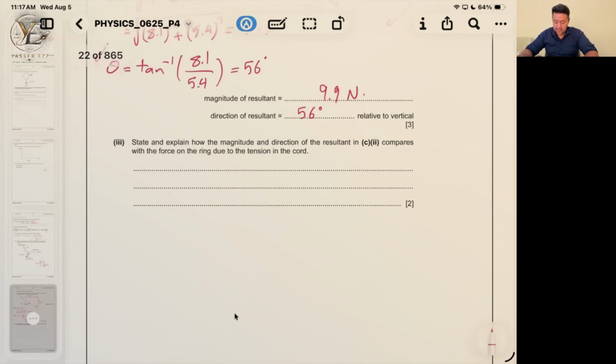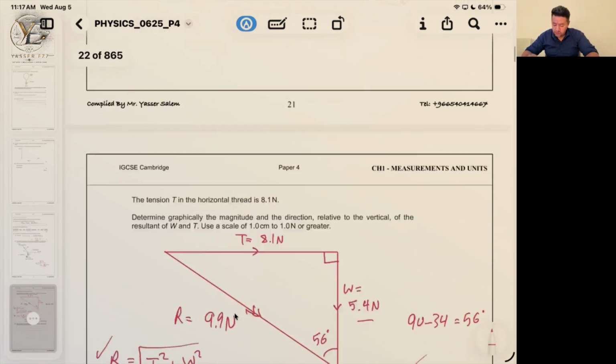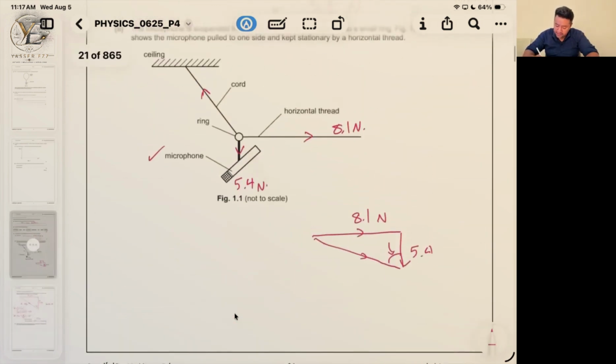Part iii: state and explain how the magnitude and direction of the resultant in part ii compare with the force on the ring due to the tension in the cord. Of course, if we have a force in this direction and the system is balanced, there is the resultant force. If the system is balanced, it means the tension in the cord is the same as the resultant force.